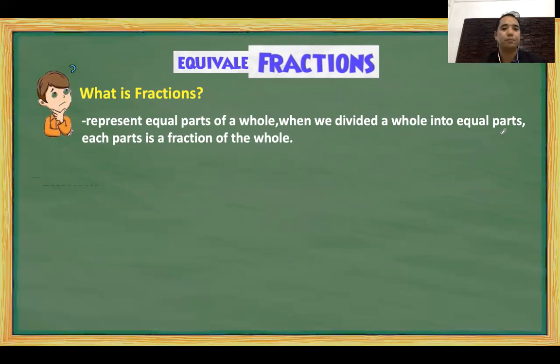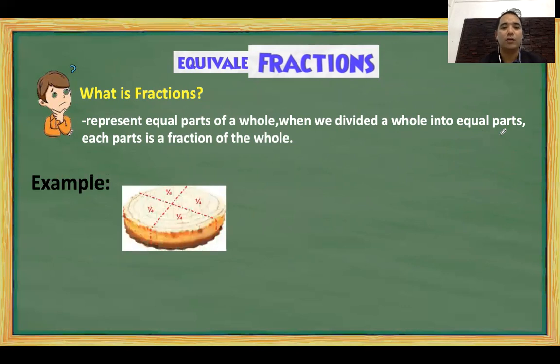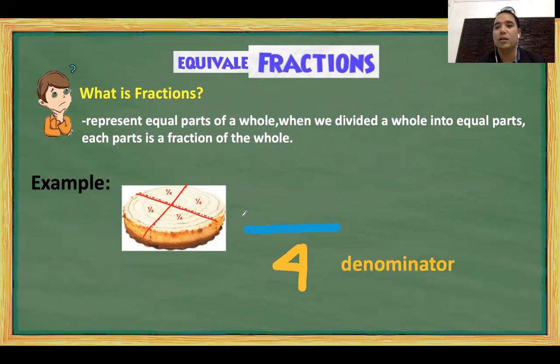Like for example, this cake. We are going to slice it into 4. We divide it into 4 parts, right? So the 4 parts, or the total parts, we call the denominator. You see, 1, 2, 3, 4, 4 parts, right? We divide it into 4 parts.